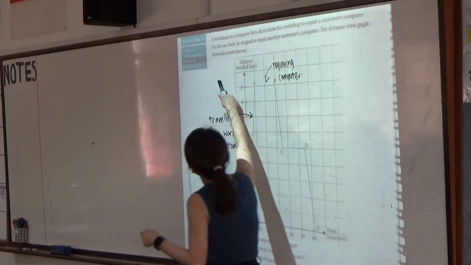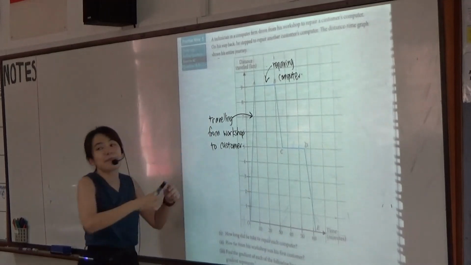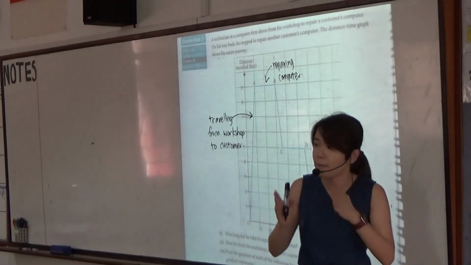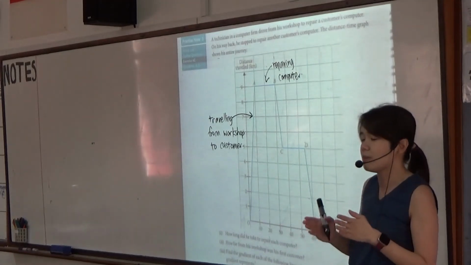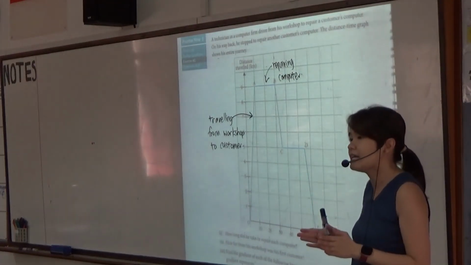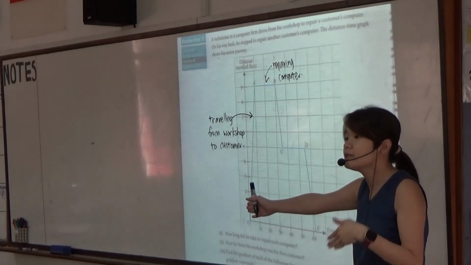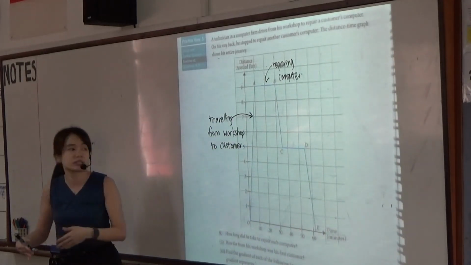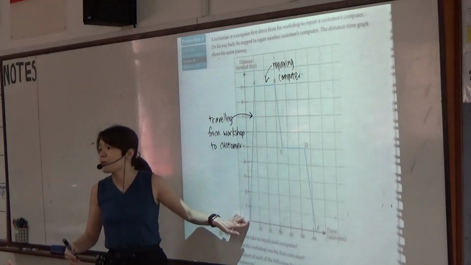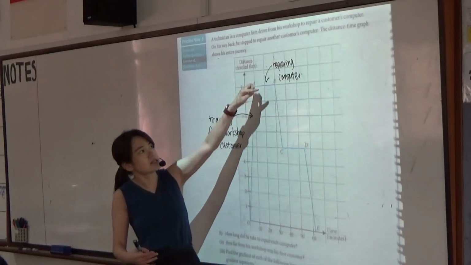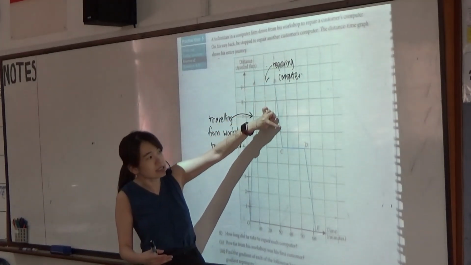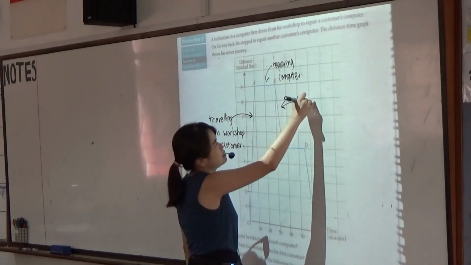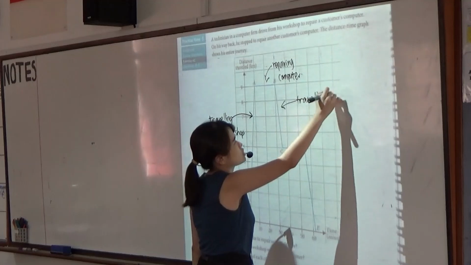Then in the second sentence, it says that on his way back, so from here he travels 9 kilometers to the customer's computer. Then after that he's traveling backwards. So the distance will actually decrease, because it's getting closer and closer to the start point, which is his workshop. That's why it is now going backwards, and this line BC is where he is traveling back to the workshop.